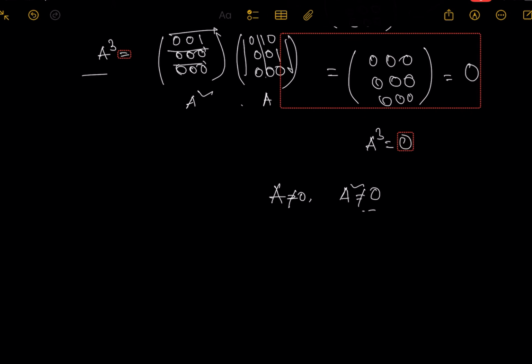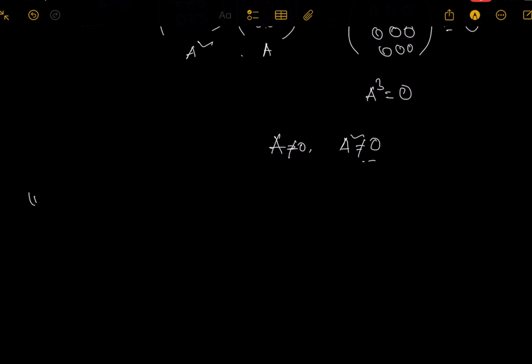For option 4, it said that if A square equal to I, then the only possibilities are A equal to I or A equal to minus I. This is wrong because most matrices satisfy this condition.